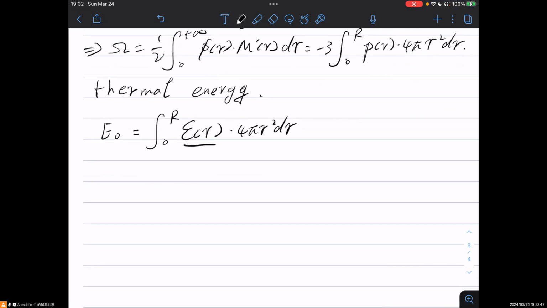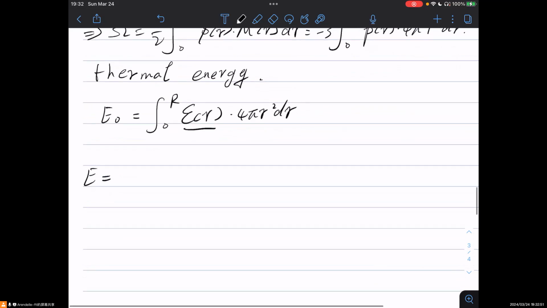So the total energy, capital E. Well, we don't consider the relativistic energy now, so we won't include the rest energy of the star.